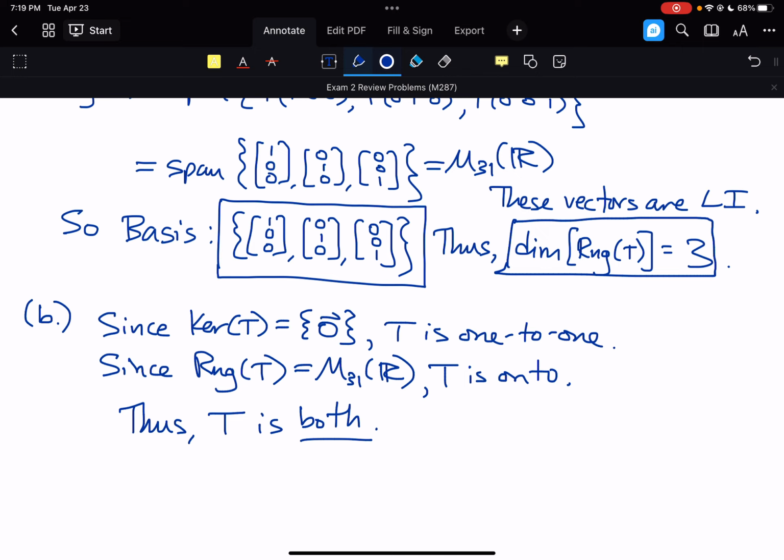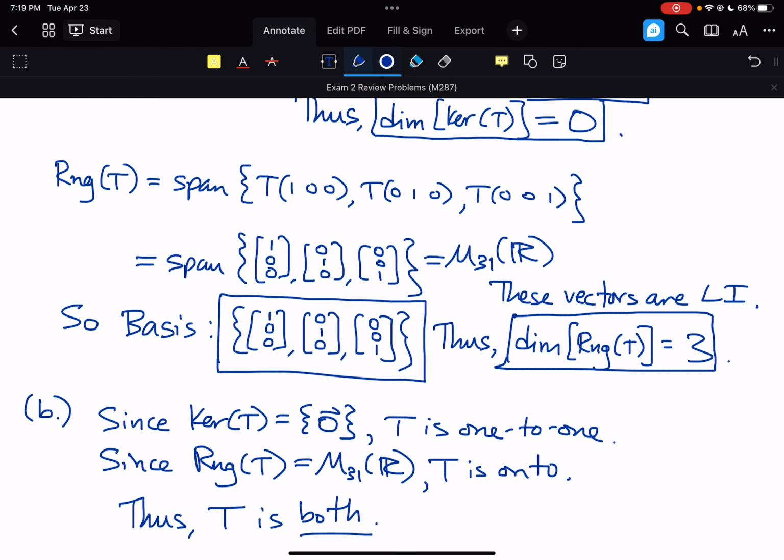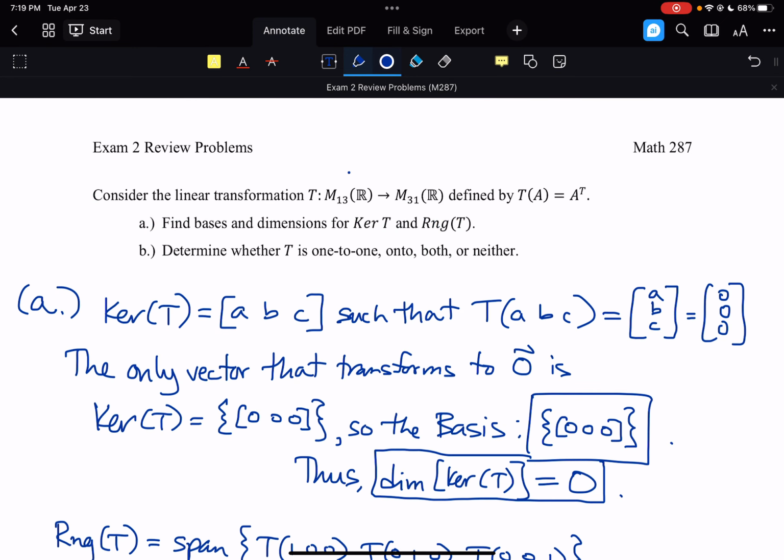You could also use dimensional arguments. We know that M13 and M31 are the same size, right? They both have a dimension of 3, which means that it is going to be either both or neither, right? This is an isomorphism if it's both. That would tell us that all we would need to do is check one or the other. If one of them succeeds, they both must succeed. But if one of them fails, then both of them would fail because those dimensions are the same.